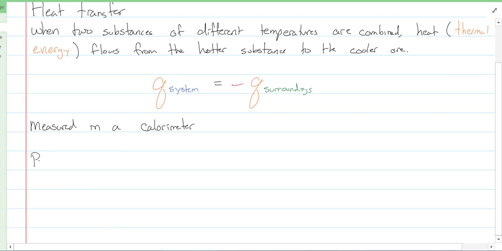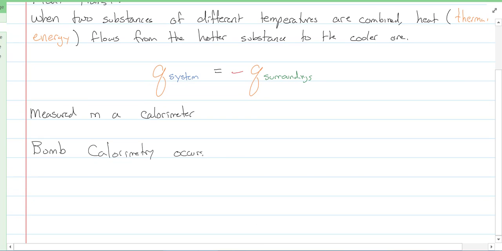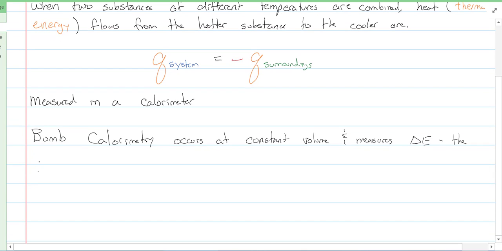Bomb calorimetry occurs at constant volume and measures delta E, which is the change in internal energy for a reaction.